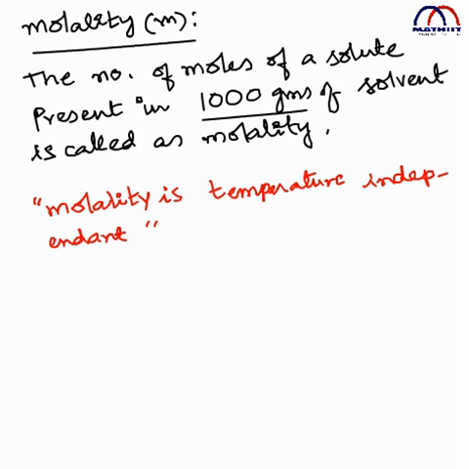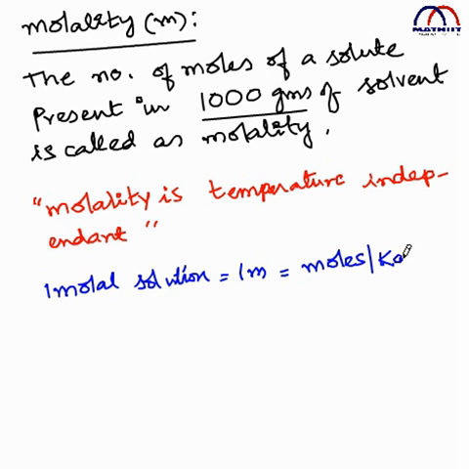One more important point is how to express molality. It is called a 1 molal solution, and a 1 molal solution is always expressed like this, 1m. Then what are the units of 1m? Moles per kilogram.